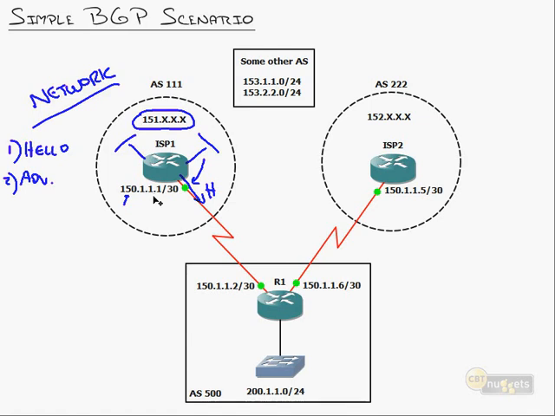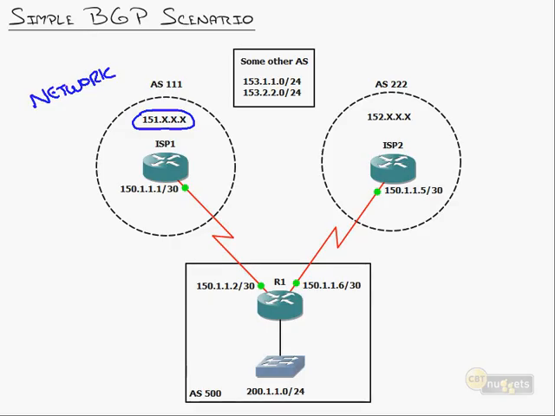That's what we're used to. But here's one of the differences with BGP. The network command, and catch this, I'm going to say it slow because it's a big difference: the network command with BGP takes a route from the routing table and advertises it via BGP. I'll say it again.